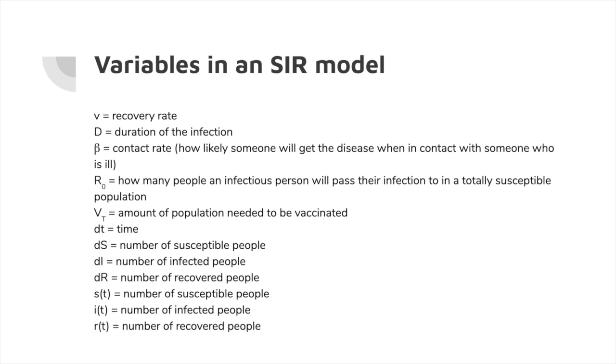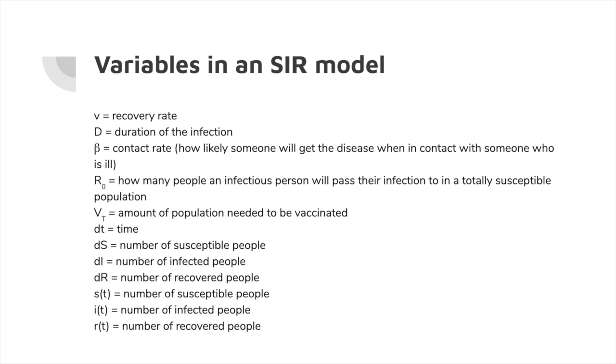So then dS, dI, and dR are the number of susceptible people, the number of infected people, and the number of recovered people. And then S of T, I of T, and R of T are the same thing, just another way to write it.